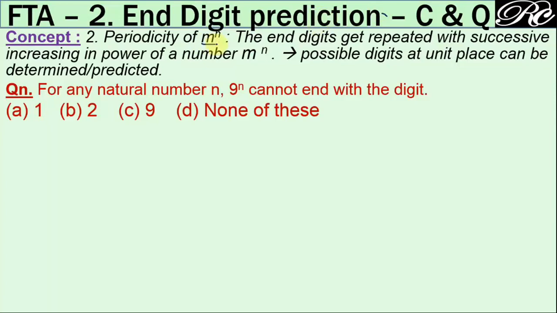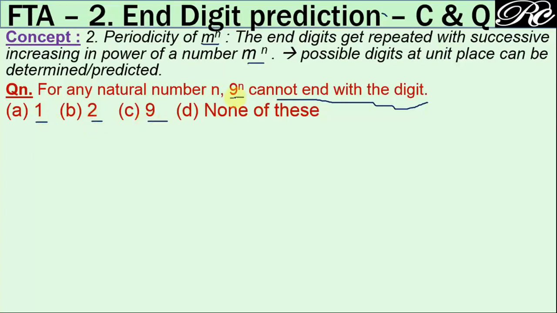This unit digit or repetition of unit digit is used to predict the possible digits at unit places. For any natural number n, 9 to the power n cannot end with digits. So what could not be the unit digit among this 1, 2 or 9?